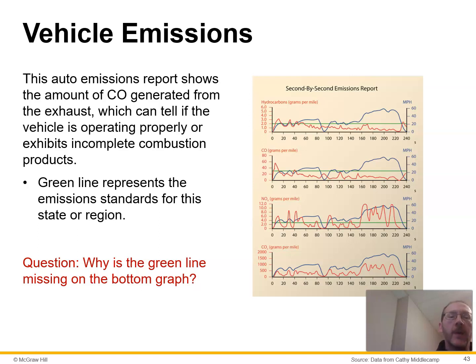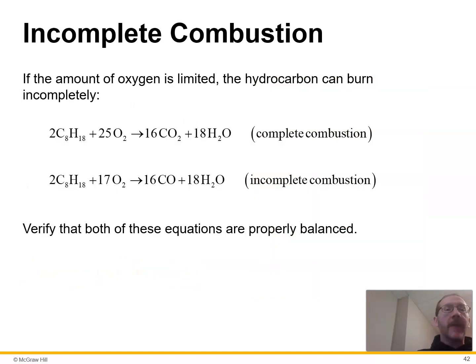And the final couple of slides here are talking about some applications of reactions, right? So when you don't have enough oxygen to go with your hydrocarbon, this is octane, C8H18, which is a component of gasoline. It's not the octane that's on the octane rating. You might think it is, but it's not.